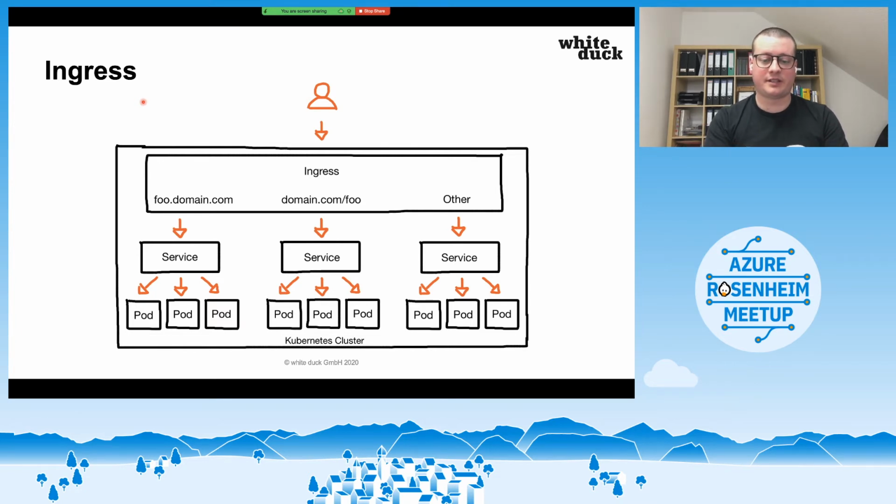So as described here, you can define different fully qualified domain names and route them to service A. You can add a context route and route this one to another service, and you can also define any other kind of details and route them to any other service. So you have an option to better define which URL, which context route gets routed to which kind of service in your Kubernetes cluster.